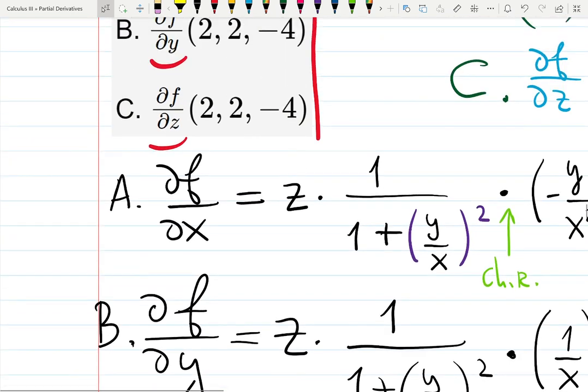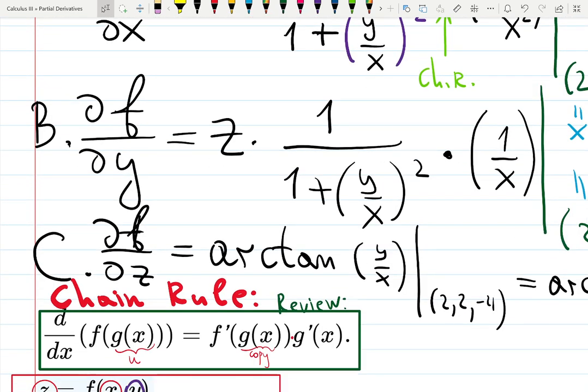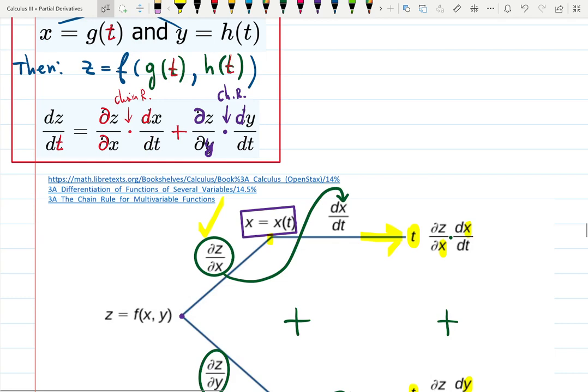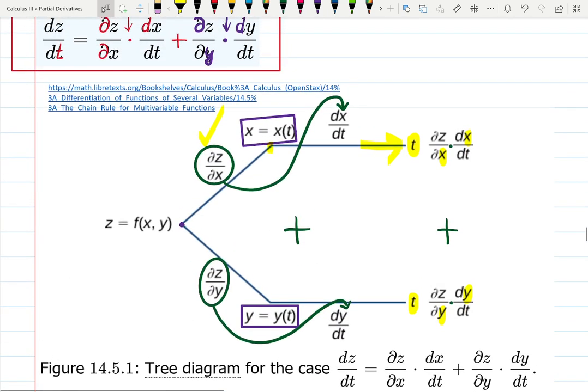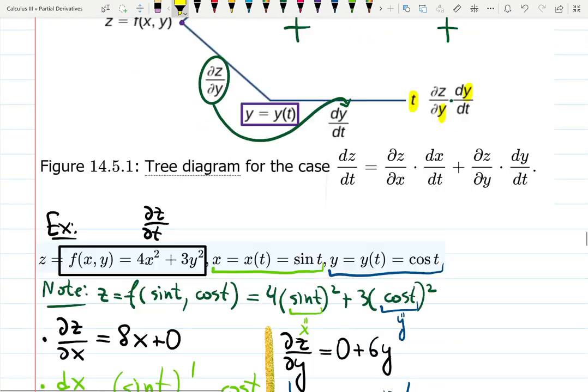Z was the variable, and the derivative was just arctan of y over x. Even though y and x may be functions, we might not even need to dig deeper into the Russian doll nests of functions. Sometimes we're asked only to stop here.